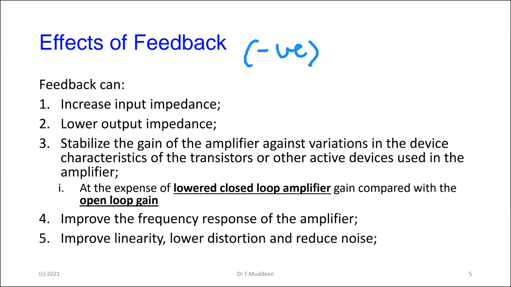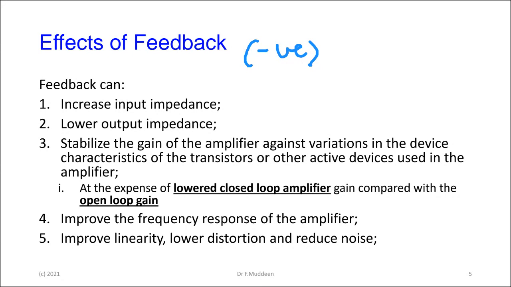What happens is that the characteristics drift, which is why in a data sheet they give you typical values, but also minimum and maximum, and sometimes values that drift according to temperature and so on. So feedback tends to stabilize the gain of an amplifier against fluctuations of the characteristics of the device. But the trade-off is that it lowers the gain.